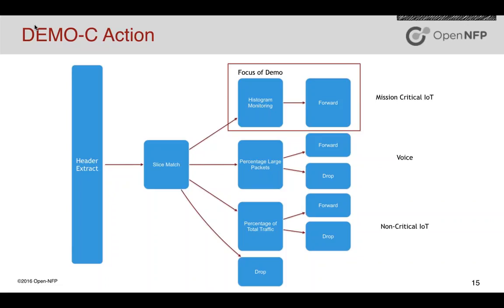Using that, we can look at the percentage of total traffic, and if there's too much of the total traffic, which is this non-critical IoT, we can drop it. And finally, if we see strange slices which you don't recognize, for now we just drop them. So, without further ado, let's go and run the demo.